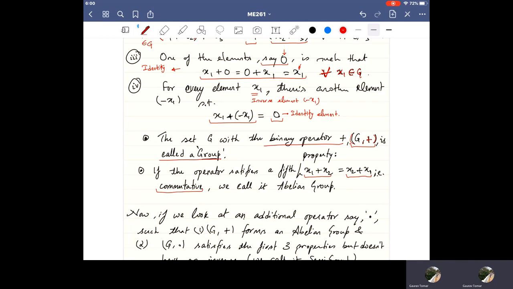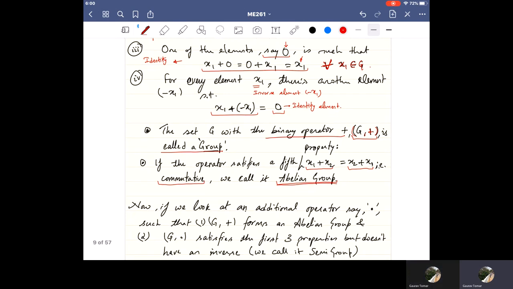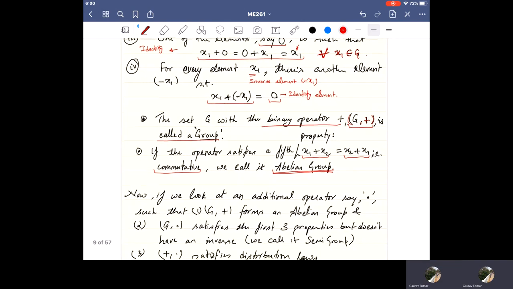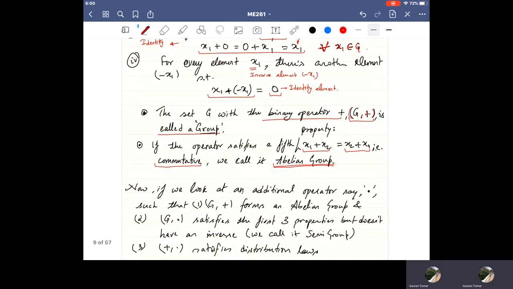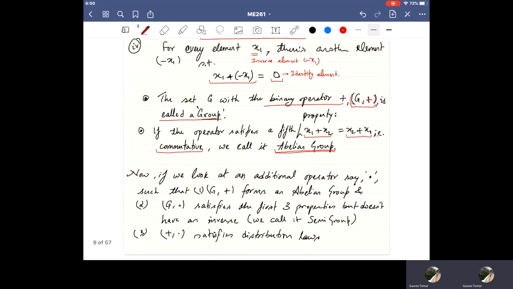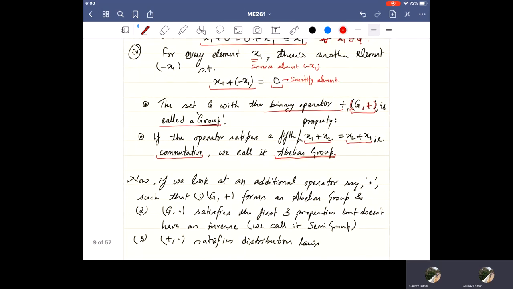It's called an abelian group, based on the mathematician Abel, who contributed immensely to group theory. Okay, so if some set G with an operator plus satisfies these five properties, then you call it an abelian group.